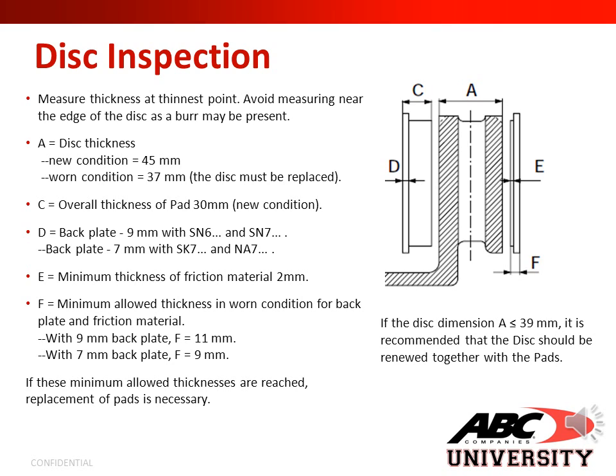With a 9 millimeter backplate, F would equal 11 millimeters. With a 7 millimeter backplate, F would equal 9 millimeters. If these minimum allowed thicknesses are reached, replacement of the pad is necessary. If the disc dimension is less than 39 millimeters, it is recommended that the disc should be renewed together with the pads.